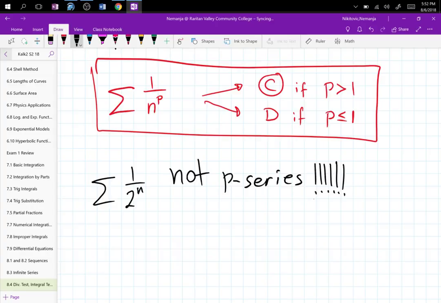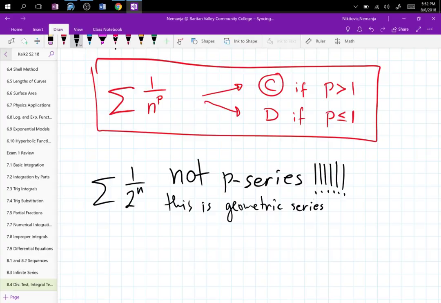That's good enough. What is this? Geometric. That was nice. I said, this is not P-series. What is it? And the answer is not P-series.